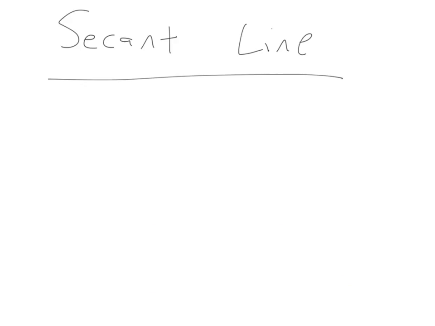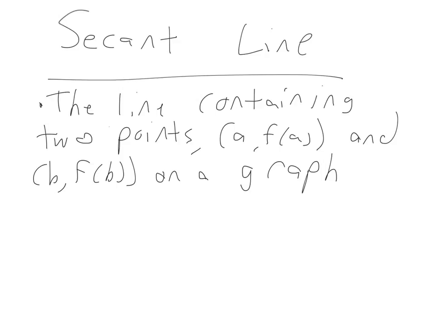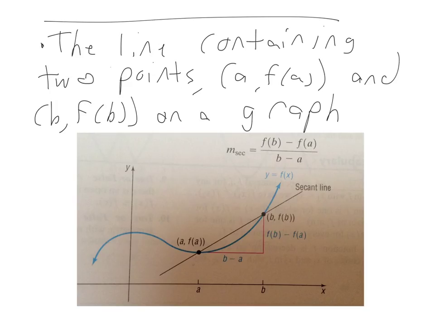The secant line is the line containing 2 points, A, f of A, and B, f of B on the graph. I'm about to show you a picture so you can have an idea of what that looks like. Here's kind of what we're talking about. If you have the points A, f of A, and B, f of B, the line containing those 2 points is the secant line.